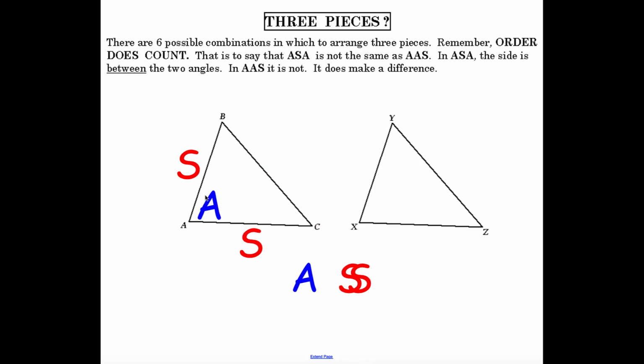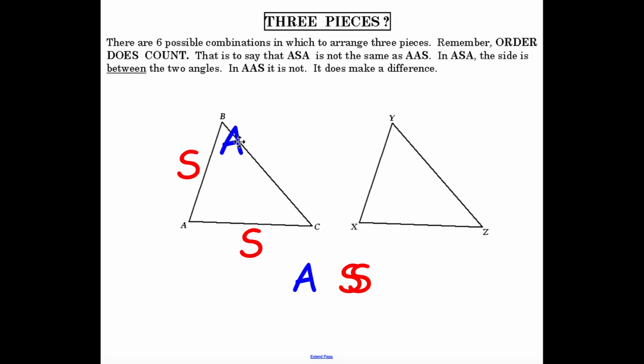But then you could do that two different ways because you could squeeze the angle between the two sides. That's called SAS, okay, because the A is between the two S's. Or you could put the angle outside of the two sides, which would then create an SSA or ASS.